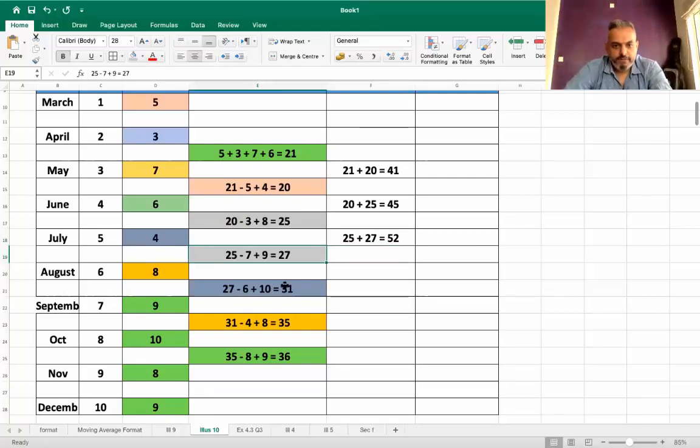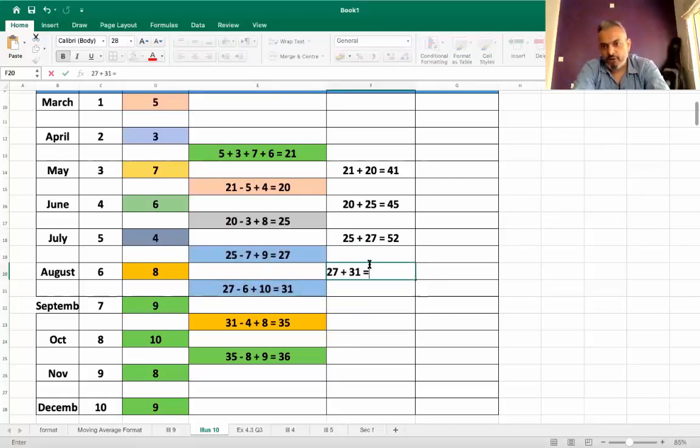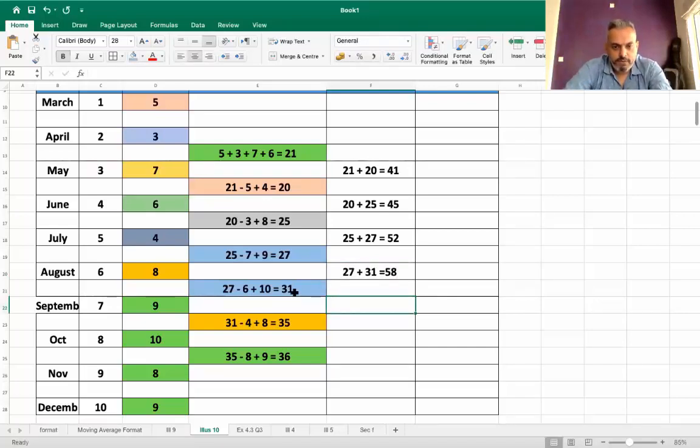Then 27 plus 31. You have to write all these, although you can do it directly on the calculator, but you have to still write. So that is 58. Then 31 plus 35, which is equal to 66. Sir, 66. Yeah, sorry, 66.